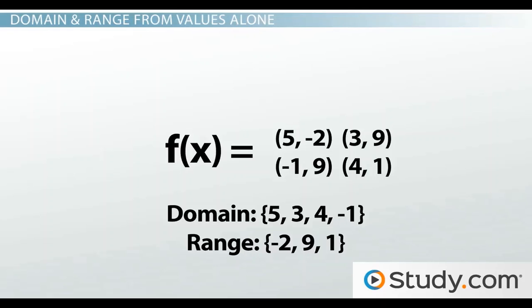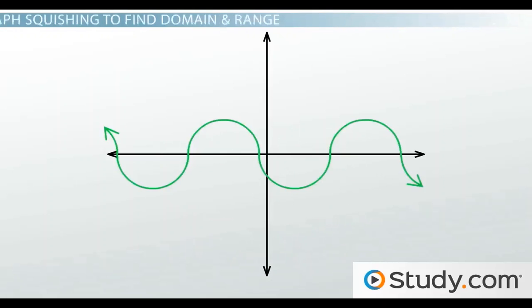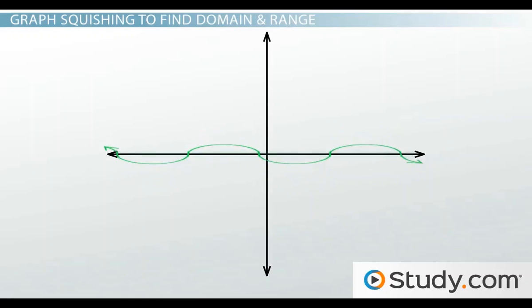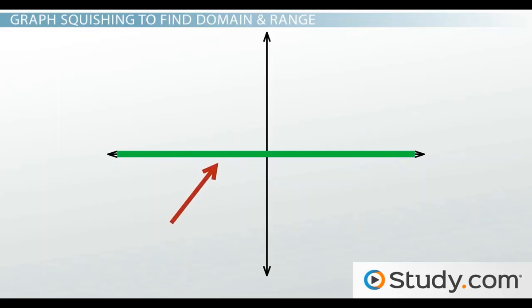We can up the difficulty a little bit by asking to determine the domain and range from a graph, maybe this one. Now, when we are thinking about the domain, or the inputs, we need to look for the x values on this graph. Is there anywhere on the x-axis that this graph does not go? I usually answer this question by imagining the whole graph being squished down onto the x-axis, maybe like this.